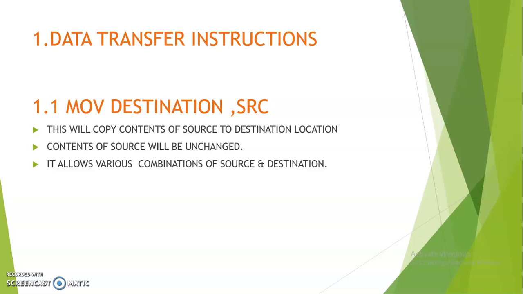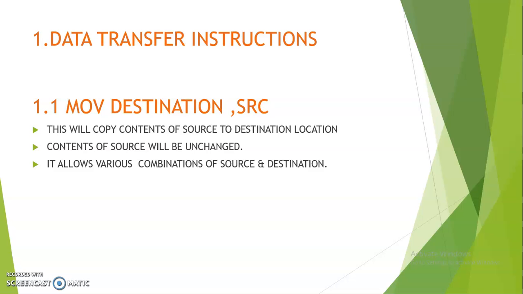The first instruction in the data transfer instruction group is MOV destination byte, comma, source byte. This instruction will copy the contents of source to the destination location, but the contents of the source location are unchanged.